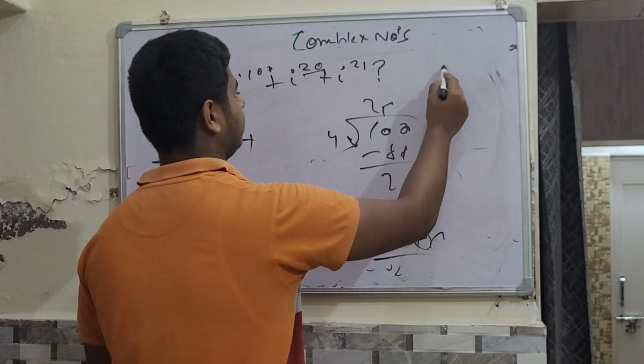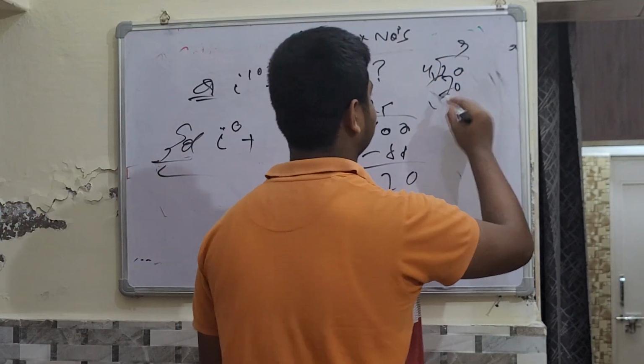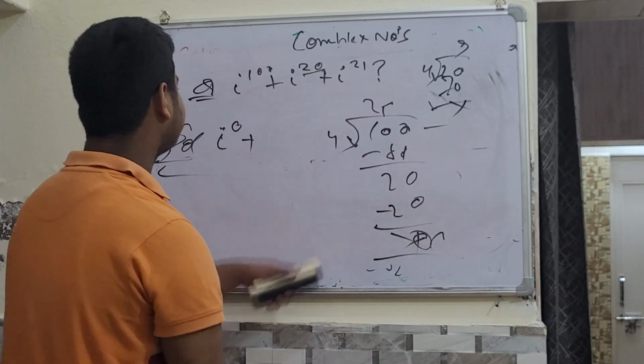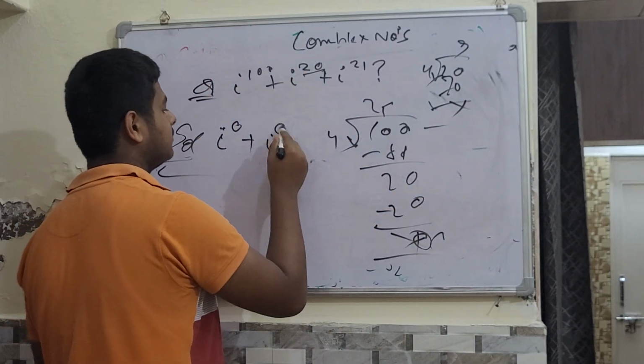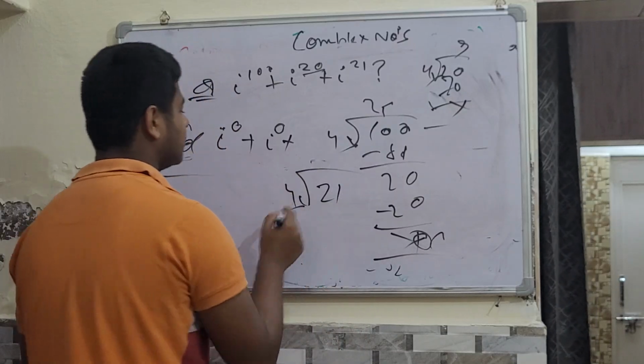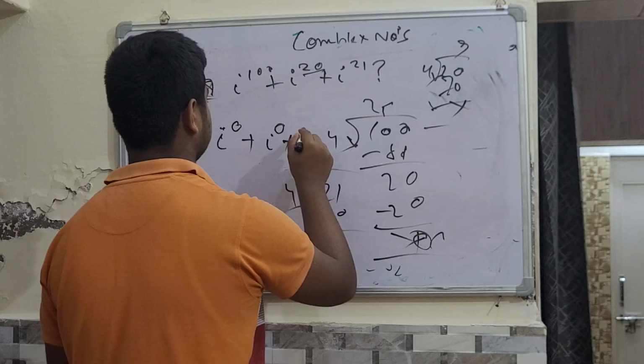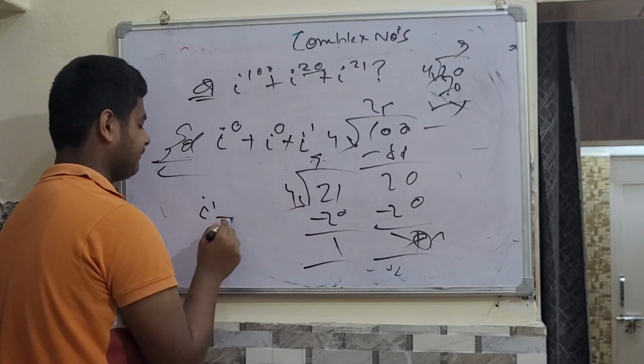Then 20 divided by 4 also has remainder 0, so it's i to the power 0. And i to the power 25, divided by 4, remainder 1, so it's i to the power 1, which is i.